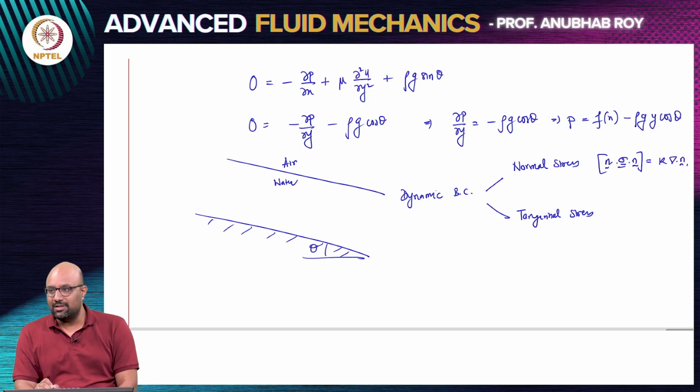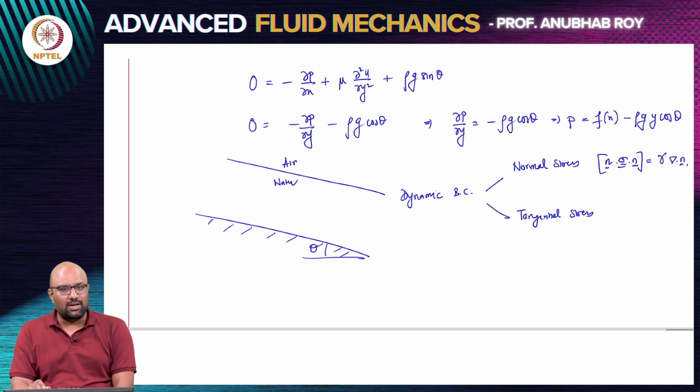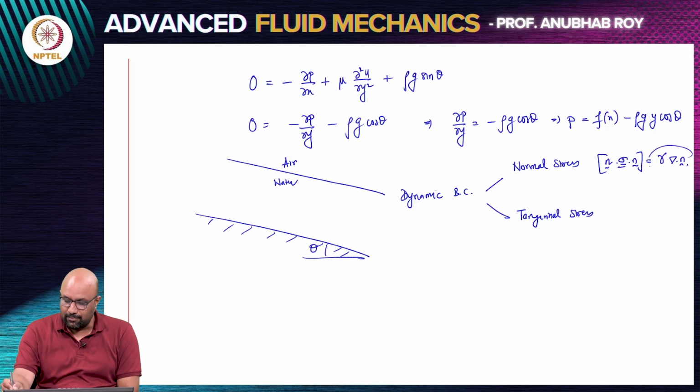Gamma is the surface tension. Now, the interface is a flat interface, which means divergence of n should be 0.